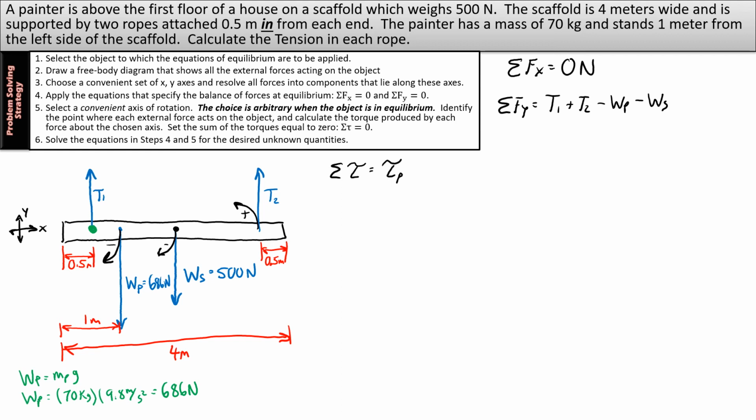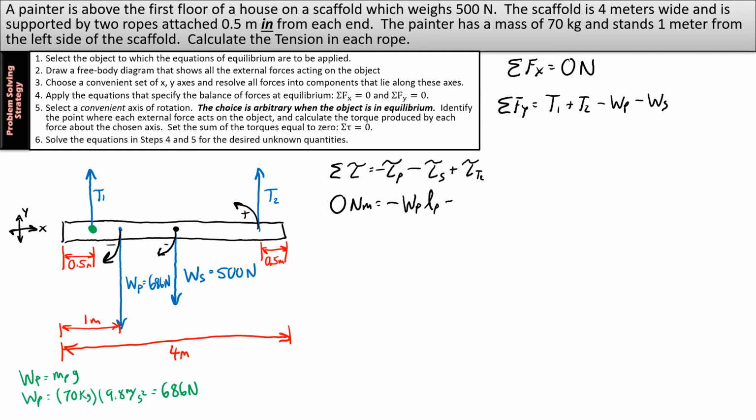And that's going to be negative, minus the torque of the scaffold, plus the torque of T2. All right. The net torque is 0 newton meters because you're in equilibrium. Torque is equal to the force times the lever arm. The force in this case is the weight of the person times the lever arm of the person.